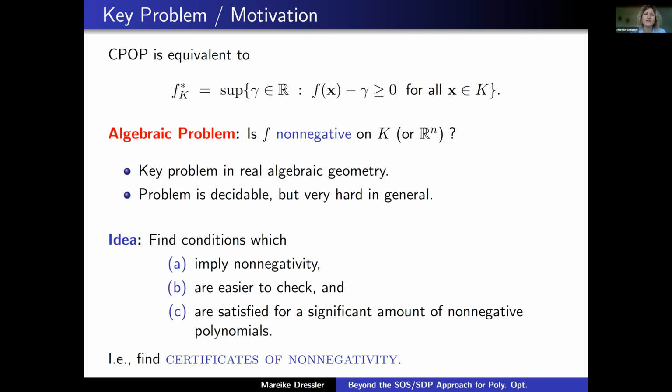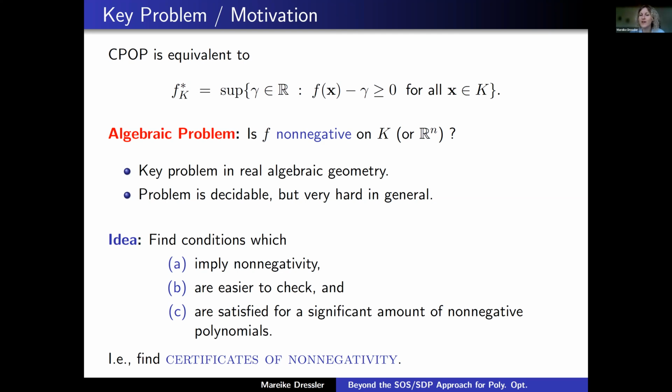But in fact, this problem is decidable, but still very hard in general. So the idea that was presented during this week was to find sufficient conditions that imply non-negativity, but are somewhat easier to check. And these conditions need to be useful in practice.